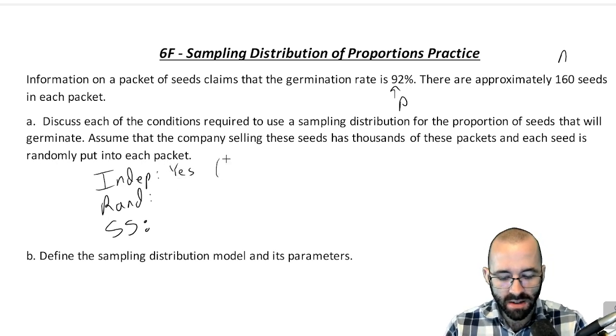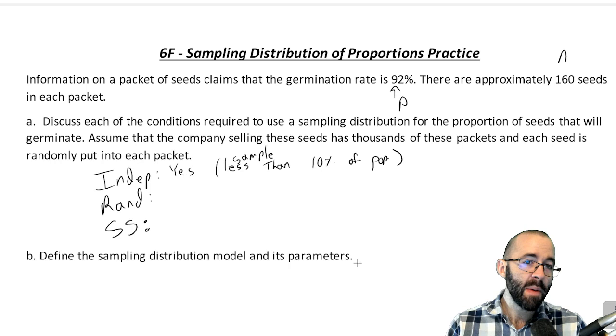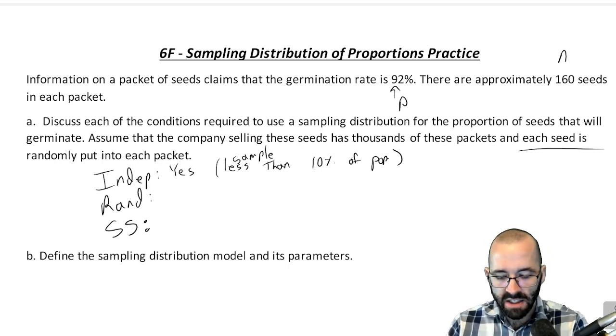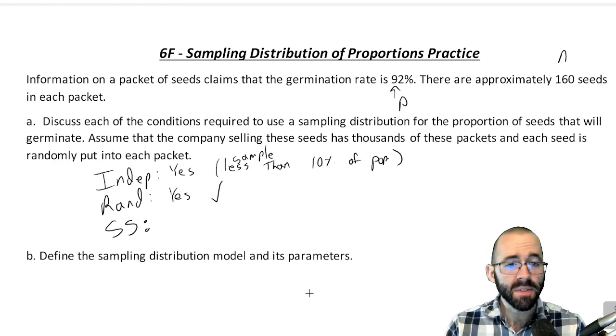We can assume independence. Our sample is less than 10% of the population. How about randomization? Well, we're assuming each seed is randomly put in, yep. Sample size? We should expect 10 successes and 10 failures.